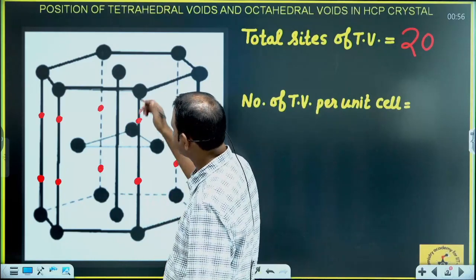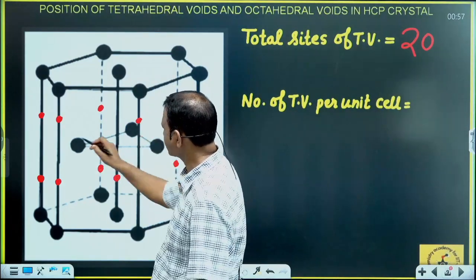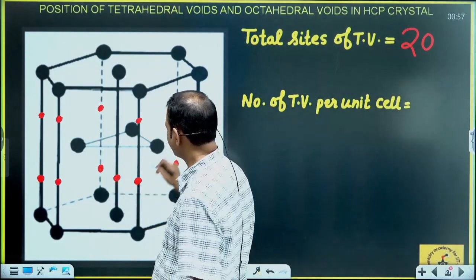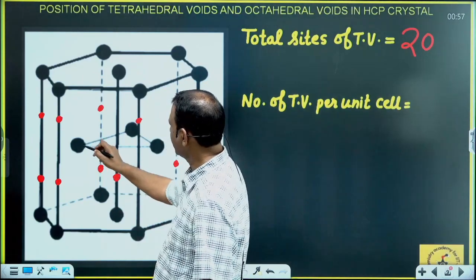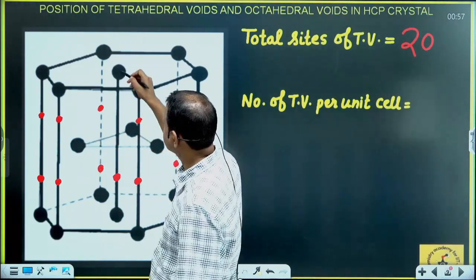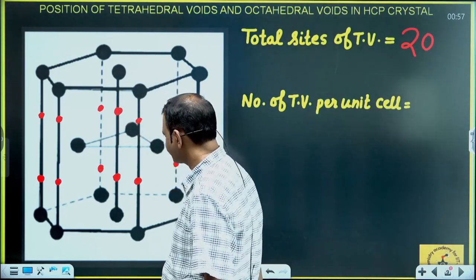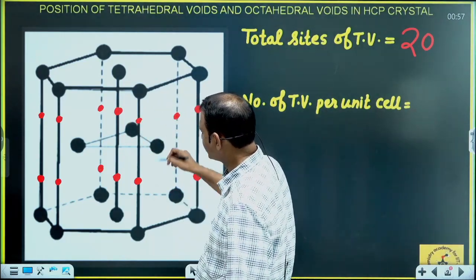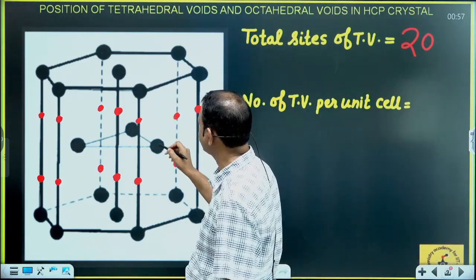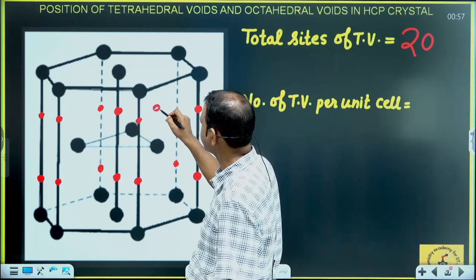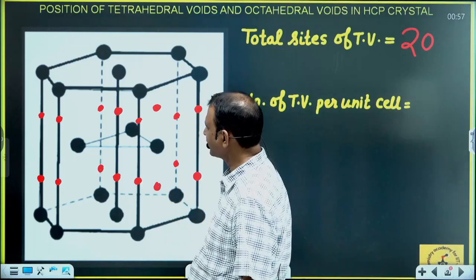So which are those 8 sites? This is the axis. So here is a tetrahedral void, because this is the triangle, this is the base, and if we combine we get a regular tetrahedron. This is the center of that regular tetrahedron. Again this is a triangle and this is the vertex. If I combine, this center will be a tetrahedral void. We have discussed that with respect to this atom, if we take these 3 atoms and this will be the vertex, there is a regular tetrahedron, so there will be a tetrahedral void over here and over here.